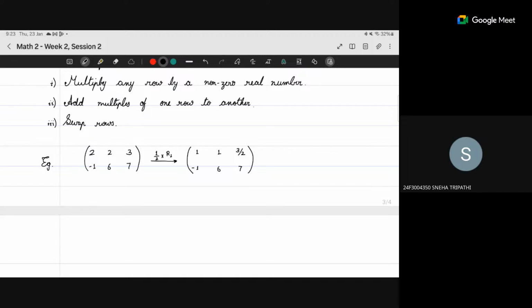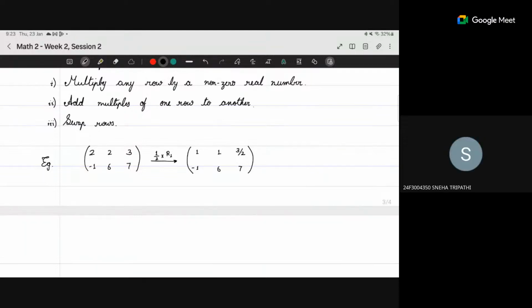So is it in REF now? Not yet. What is the next obstruction that you can see? We have to work with both rule 1 and rule 2 here. We need a zero below the first non-zero entry. Instead of -1, it has to be 0.